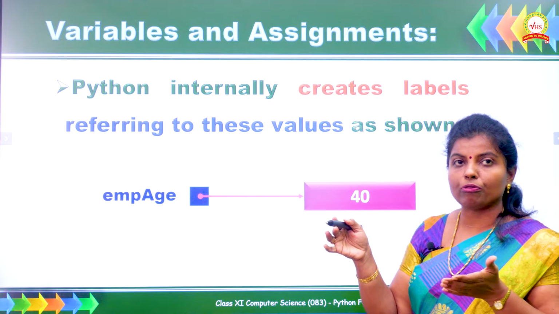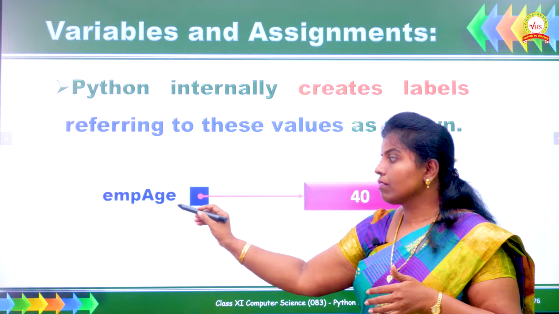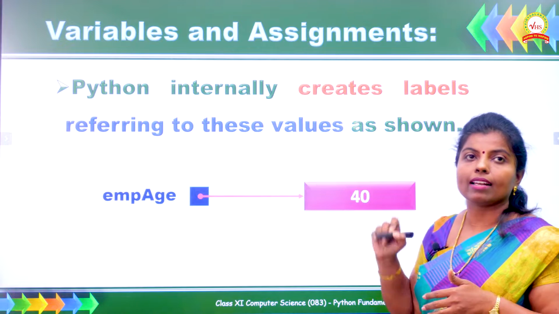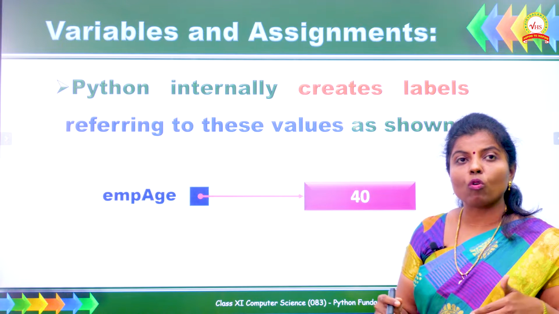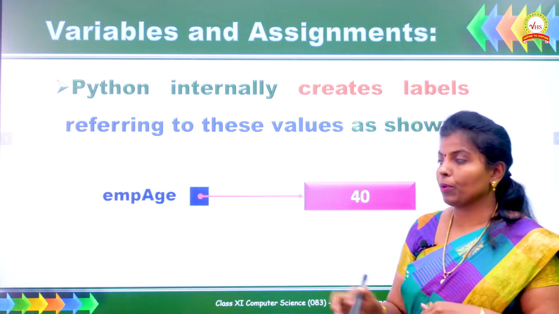The number 40 will be stored in some memory location. This variable's label will reference the memory address where the number 40 is stored. This is what happens internally whenever we create a variable in Python programming.